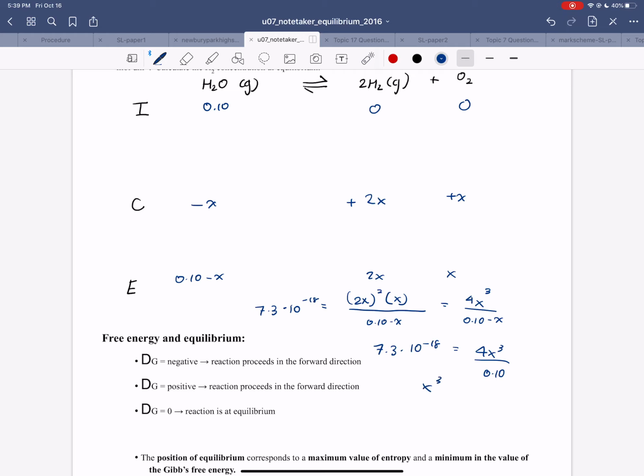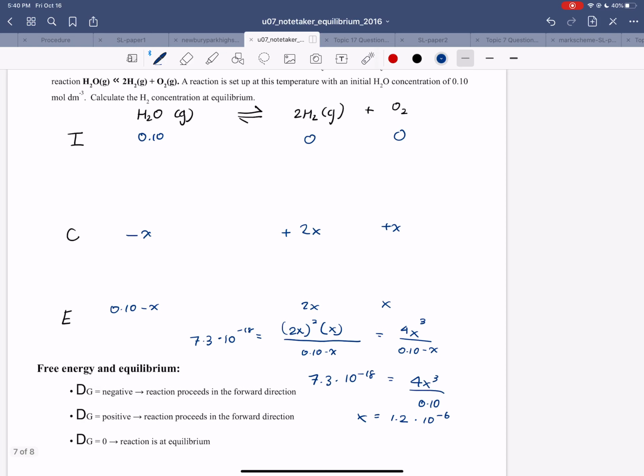If we go on and find what x is, x with a bit of algebra is just 7.3 times 10 to the negative 18, 5 by 4, and then 5. Raise that all to the cube root. We should get 1.2 times 10 to the negative 6.